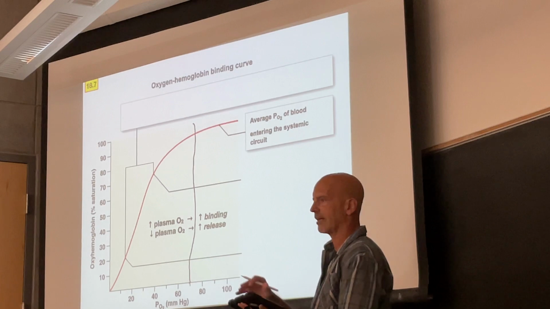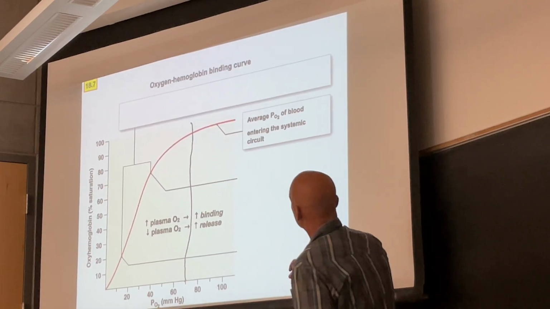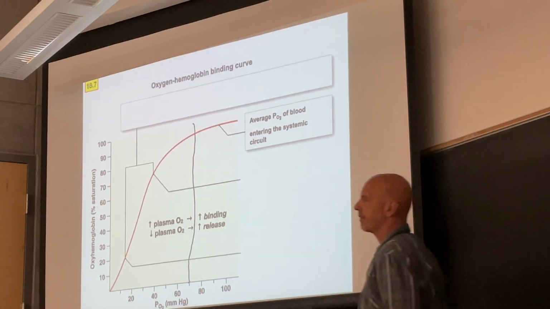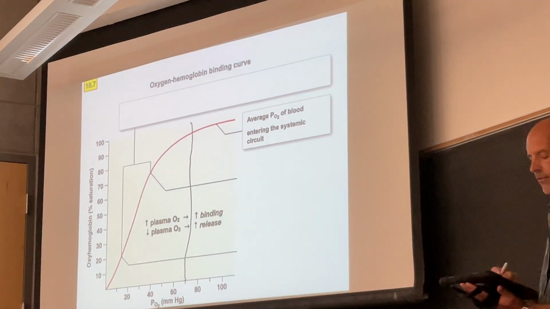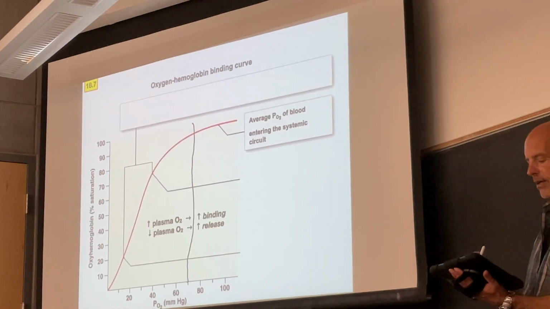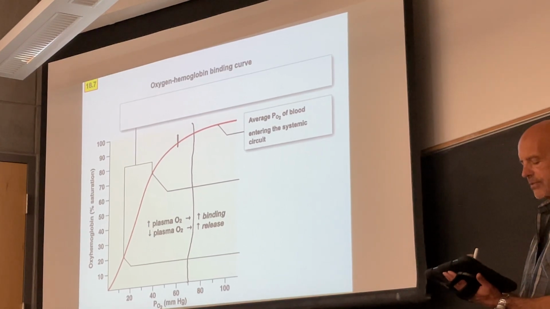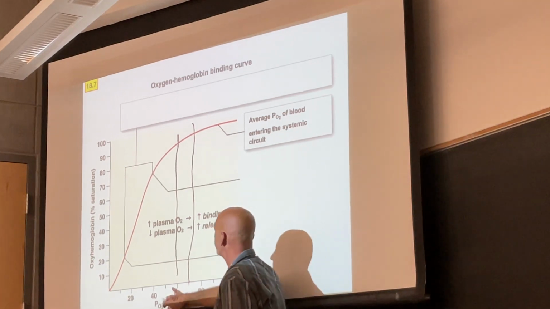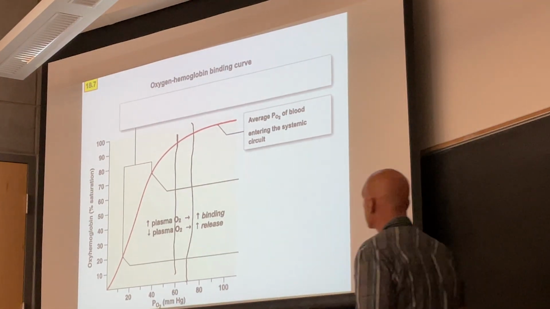So if the oxygen levels are 70, your percent saturation over here is almost 100%. You'll notice the curve goes flat over here. So at a certain point you've almost maximized the binding. And this is all about the partial pressure.